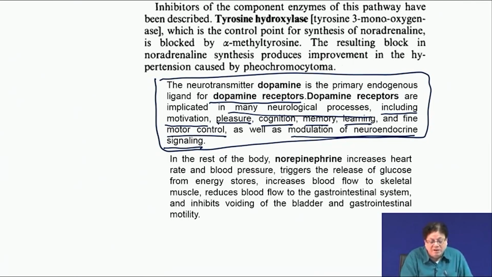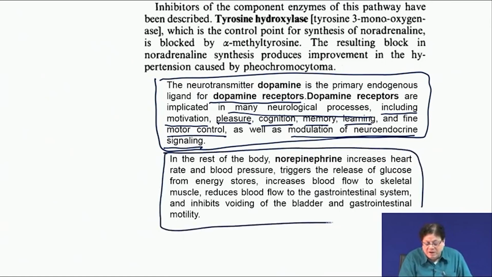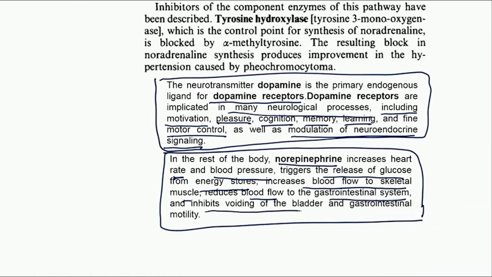Okay. And then the other one is what is called norepinephrine, or in earlier days it was known as noradrenaline. So, norepinephrine increases the heart rate, blood pressure, triggers the release of glucose from the energy stores, increases blood flow to skeletal muscle, reduces blood flow to the gastrointestinal system, and inhibits voiding the bladder and gastrointestinal motility.